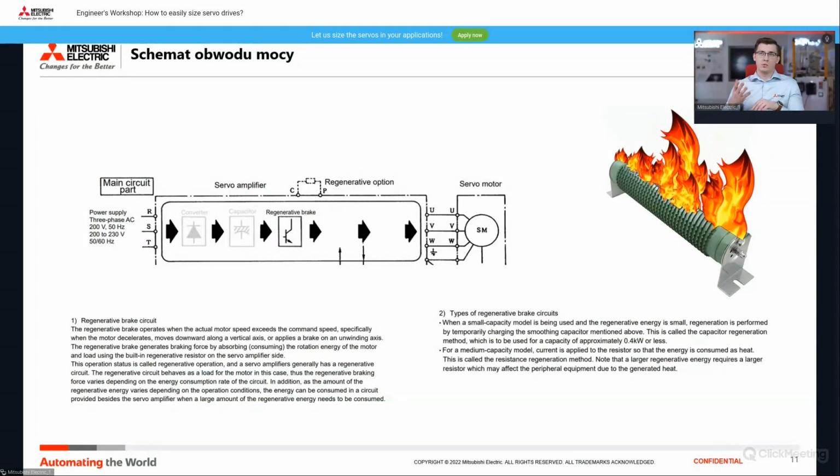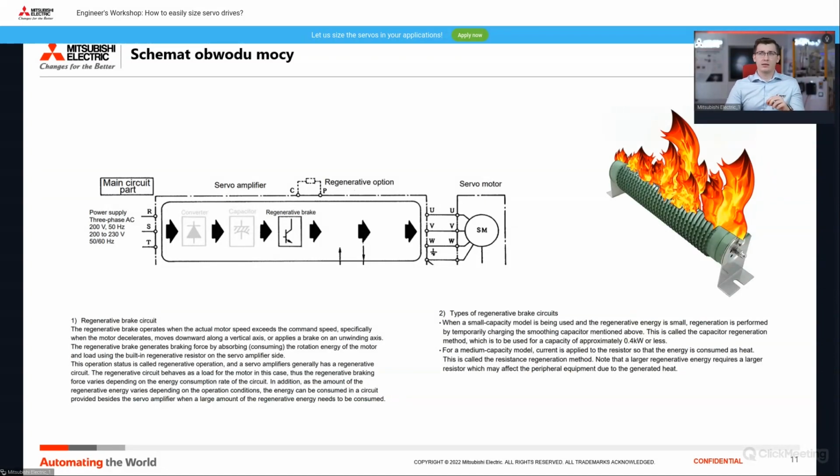So when you are purchasing our amplifier, you have the regenerative brake, and it will be used when needed. Then, if the load is bigger, so there is a lot of regenerative energy coming back to the drive, sometimes it is possible that this internal regenerative brake will not be enough. You can connect an external regenerative brake, as also shown on this picture above, so the regenerative option to connect.